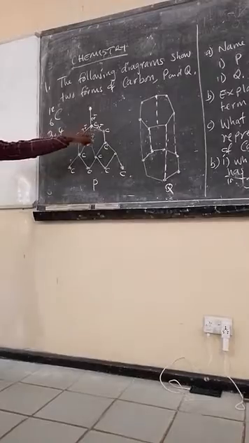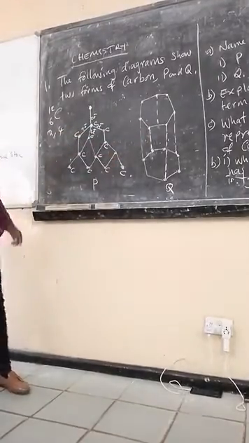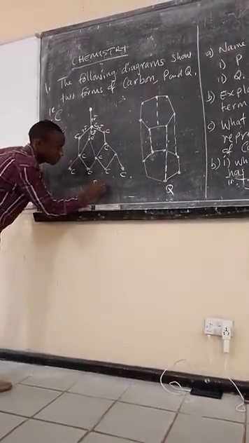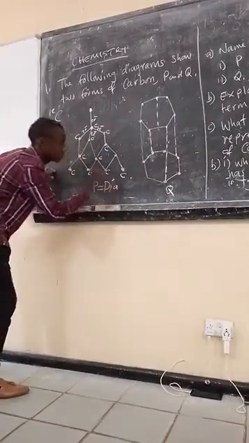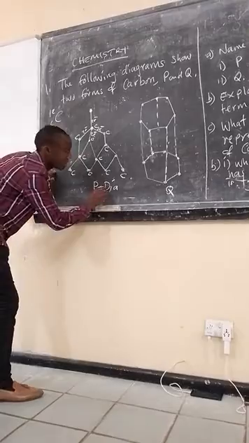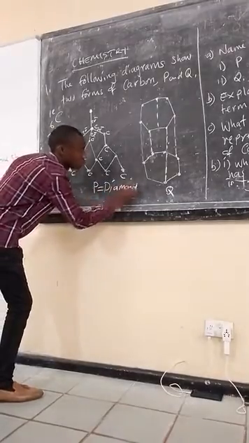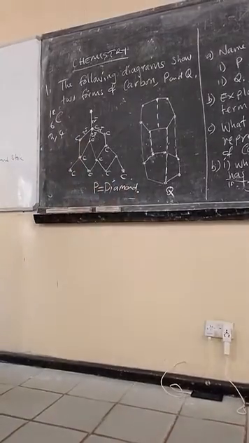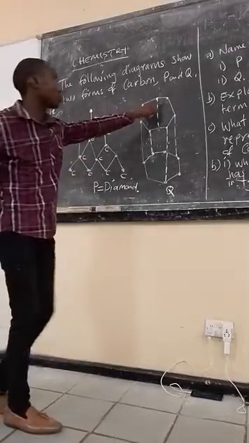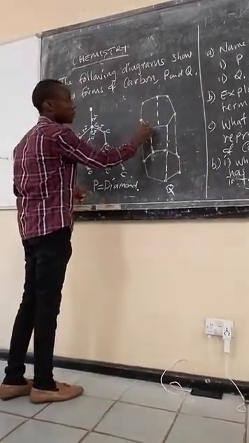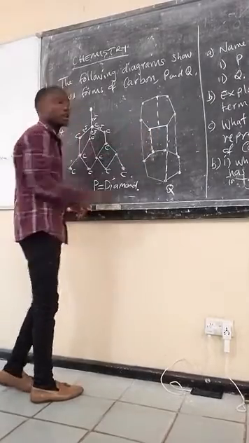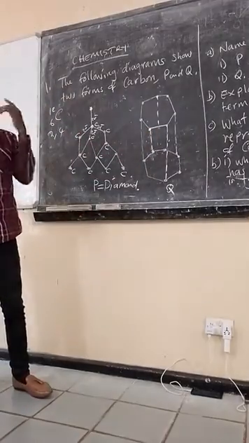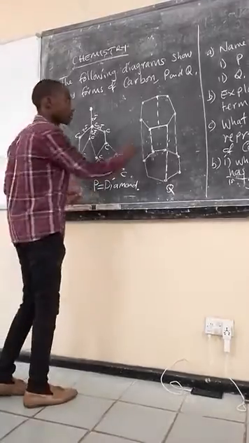Now can we look at this other structure? So in this one, P, we are terming it as diamond. Yes. That's the term we have given it. Now with this other one, every atom is bonded to 3 others. Are we together?